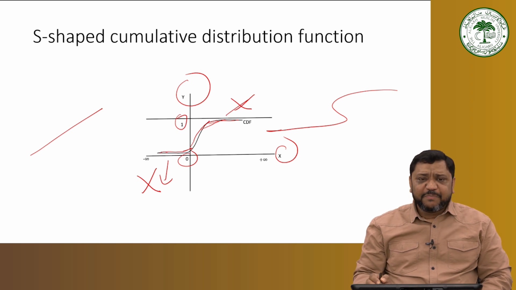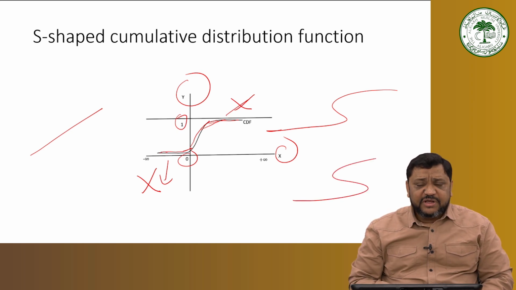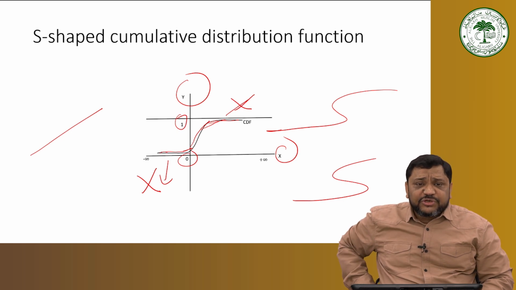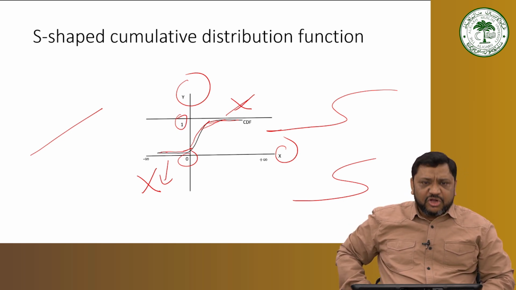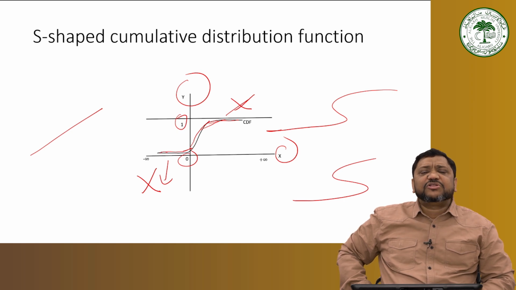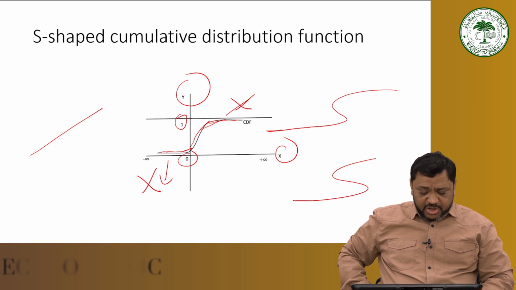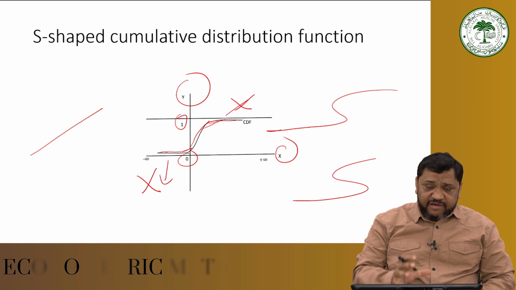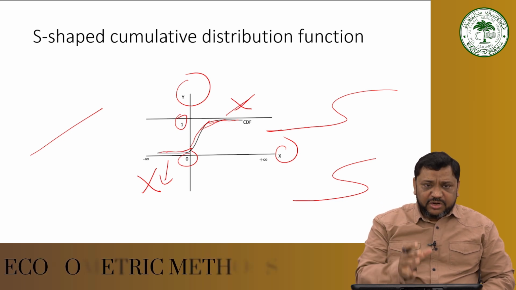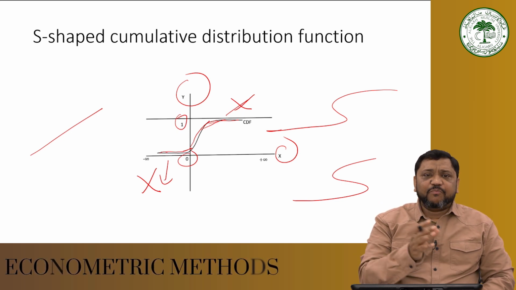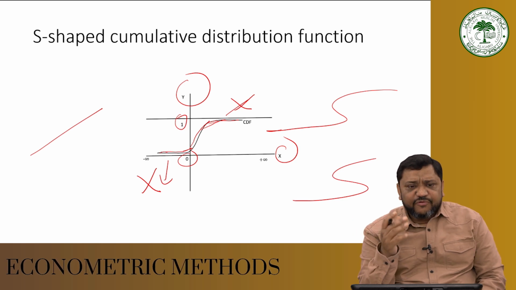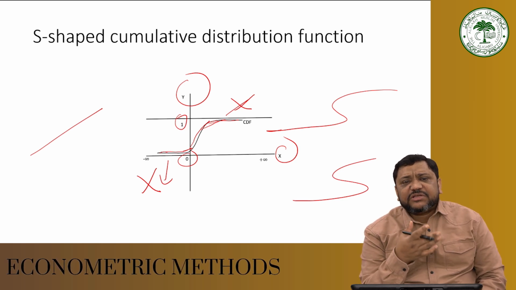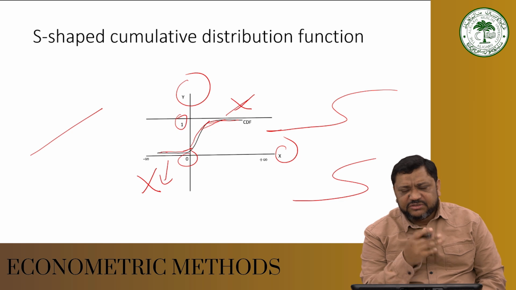So it is a type of S. We get an S type of distribution, and we can have this in a logit or logistic regression or also in probit regression. So if you fit the model to the data with, say, logit, which is most commonly used, then we can address these issues which we have faced just now.